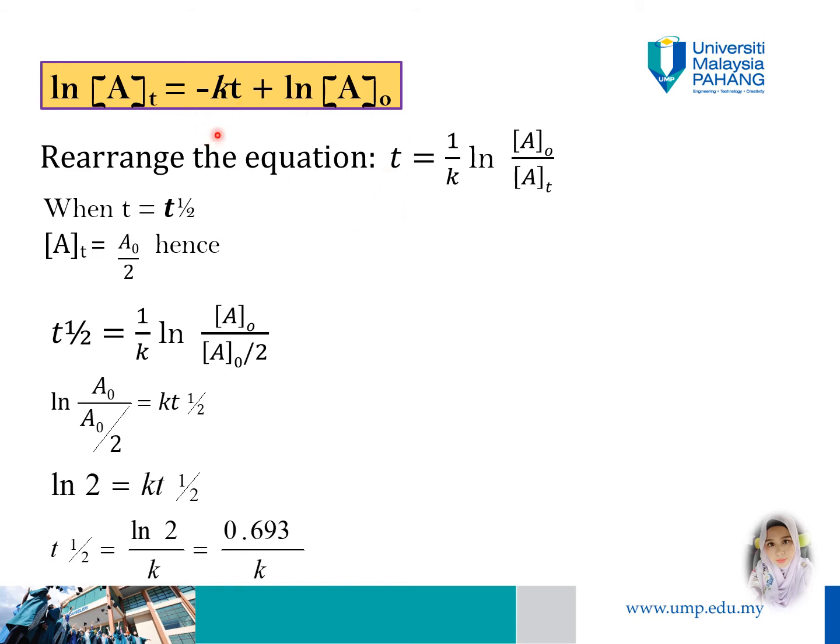So from this equation, we rearrange: t is equal to 1 over k ln A naught over At. So we replace At with A naught over 2. So we can get that ln 2 is equal to k t half. So t half is equal to ln 2 over k, which is equal to 0.693 over k.